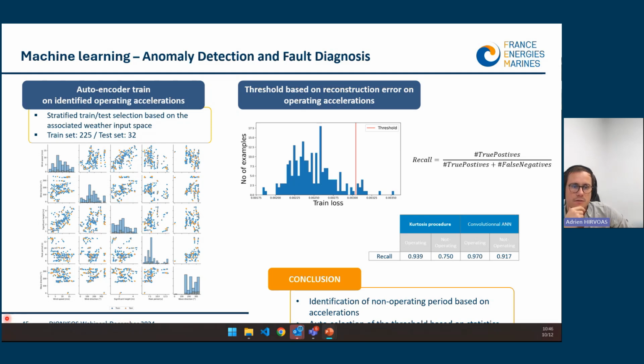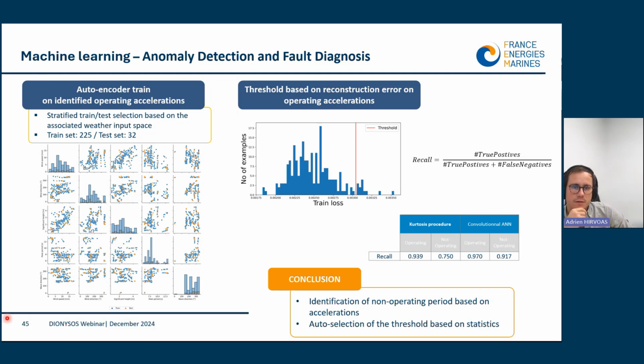As we can see on the left side of the presentation, based on the reconstruction error of our deep learning approach, we can identify a threshold upon which the acceleration given as input of our autoencoder can be considered as acceleration from a non-operating period of the system.